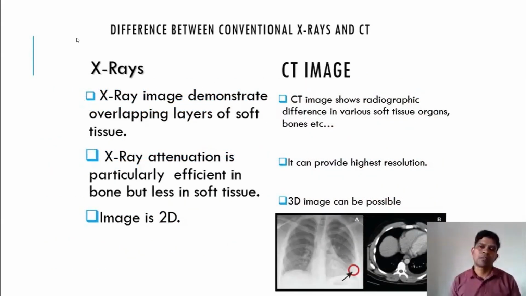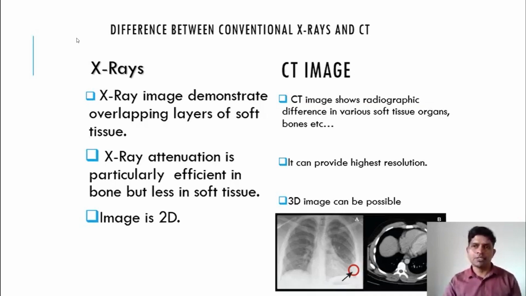did the picture. As I think I already mentioned before, coming to CT, X-ray was very popular. Later, because X-ray is a 2D image where X-ray attenuation is particularly efficient in bone and in soft tissue.